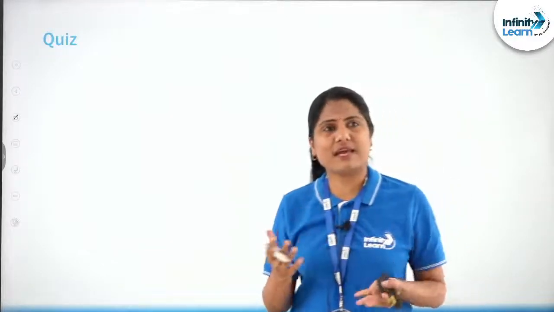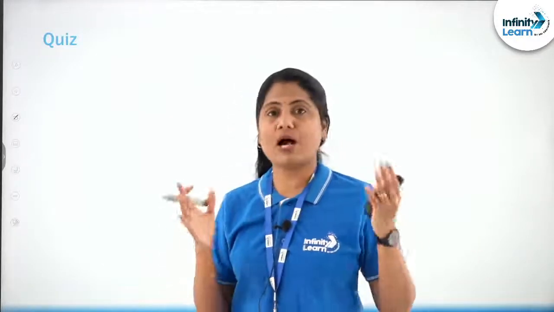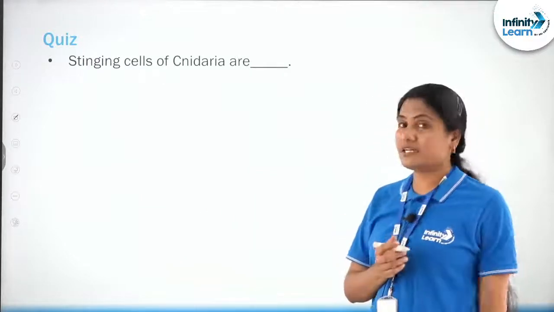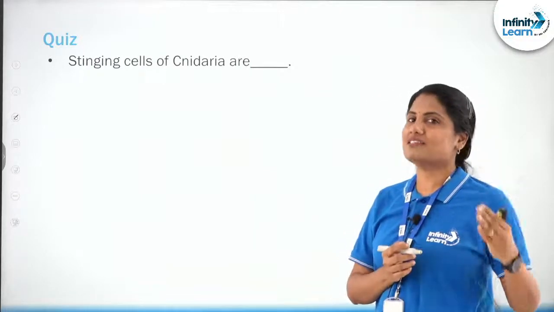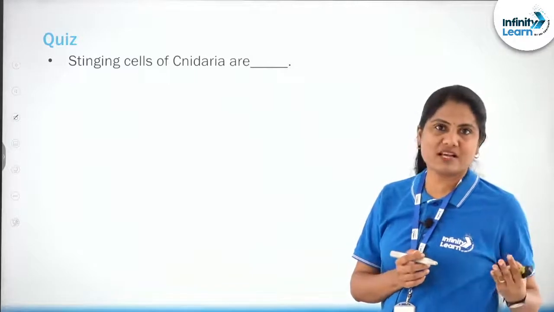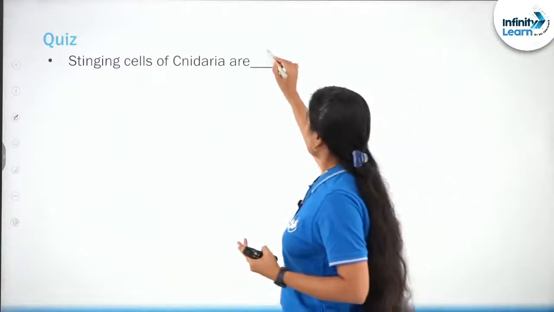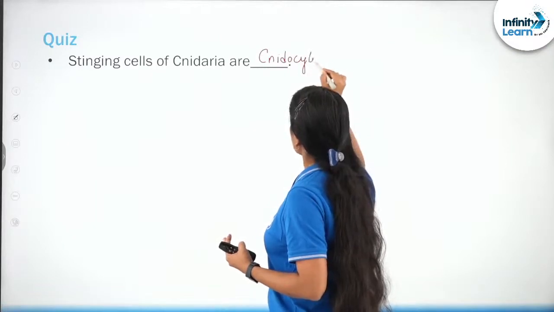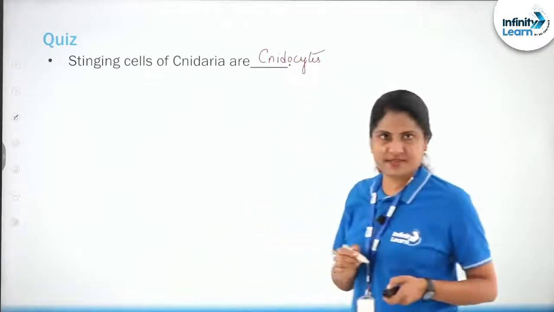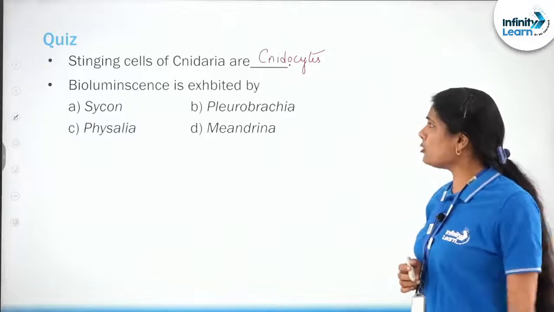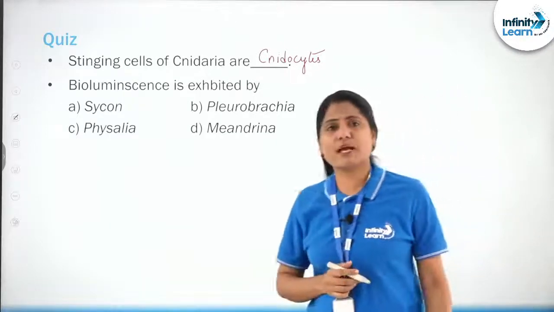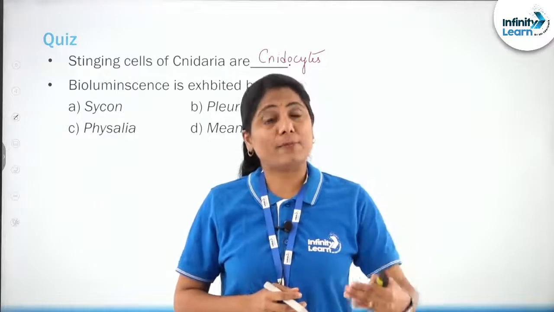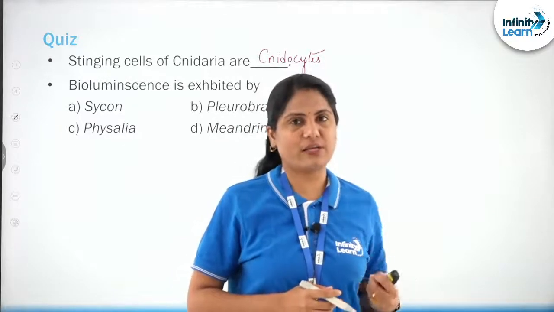So a little quiz as usual, which we do by the end of the session. Stinging cells of Cnidaria, I know you are all answering that right now. What is the answer? It is the cnidocytes or the cnidoblasts, right? Bioluminescence is exhibited by, what's bioluminescence again? Living organisms' ability to emit light, a natural phenomenon, right?